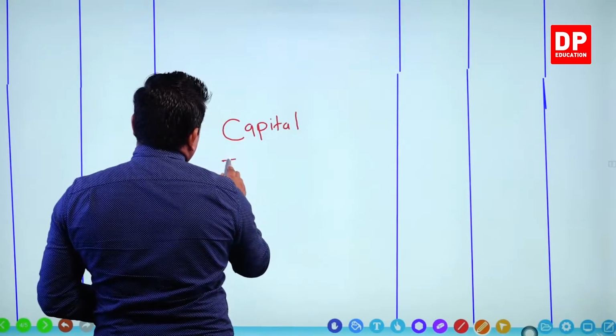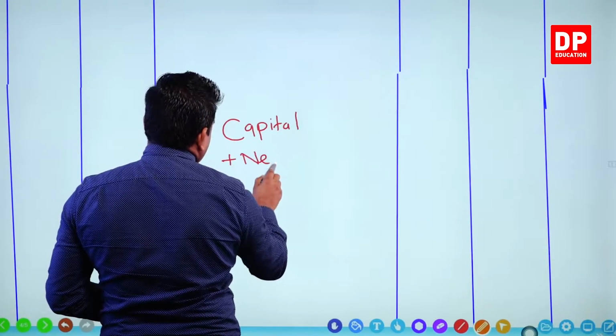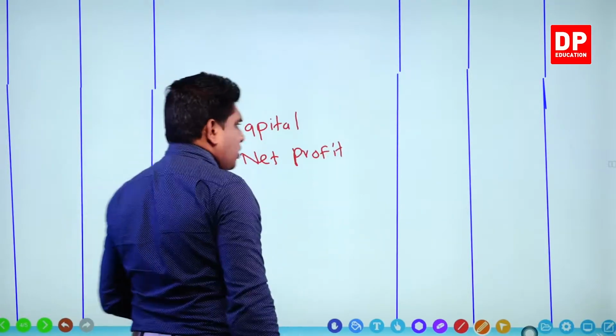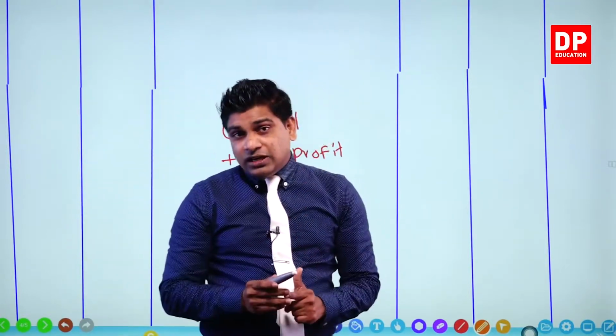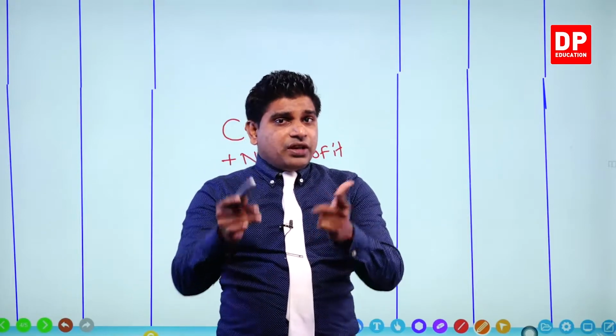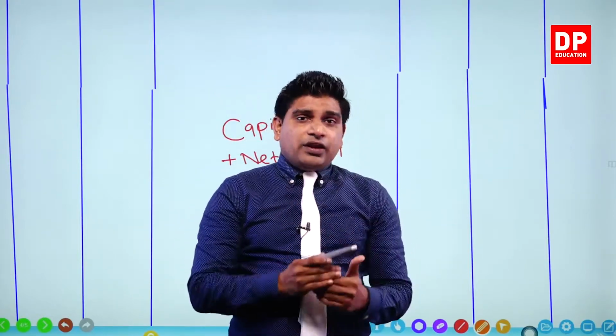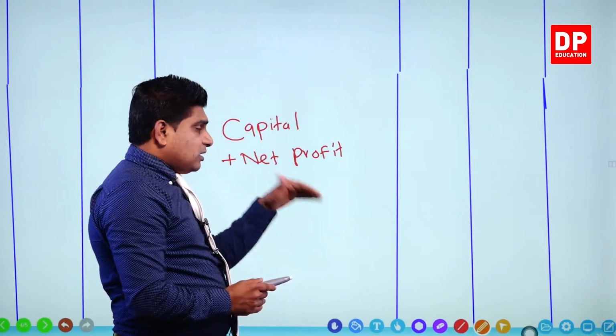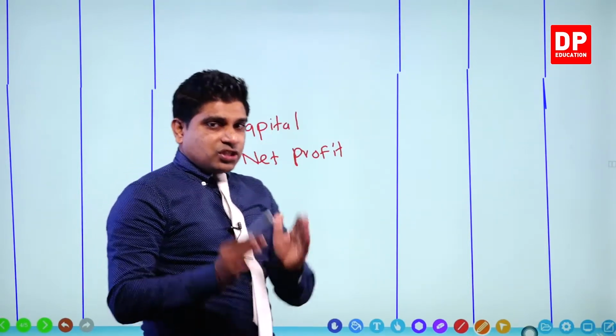After that, we put net profit. If they have given drawings, under the net profit, after adding net profit to the capital, from that answer we subtract drawings.